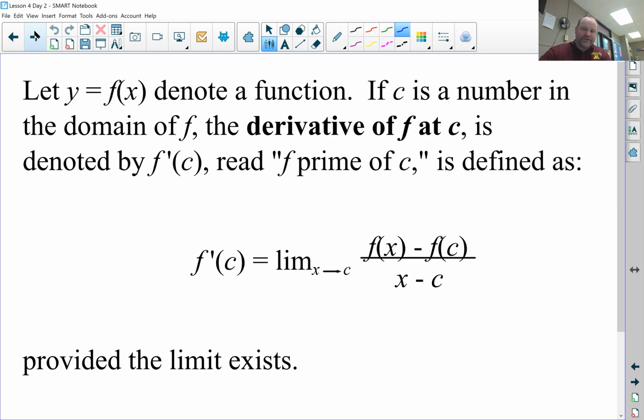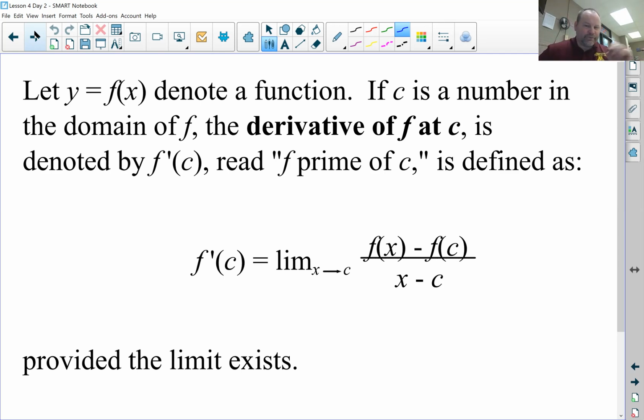The definition is the limit as x approaches c of f of x minus f of c divided by x minus c, provided the limit exists. So those things that we've been doing to this point all have led to this definition of what a derivative is.